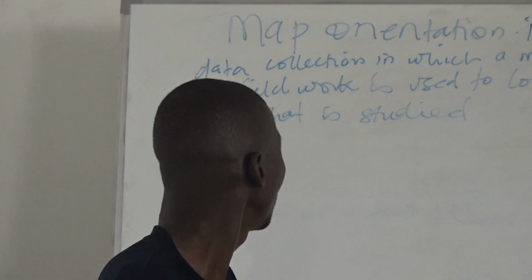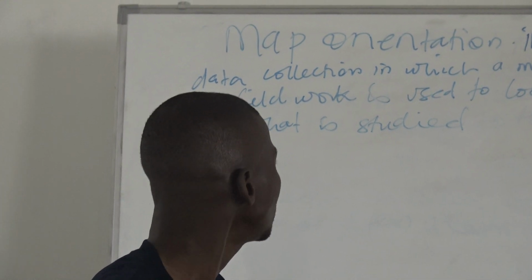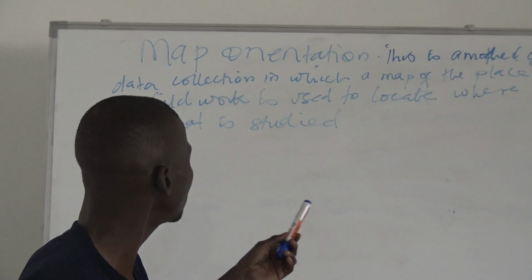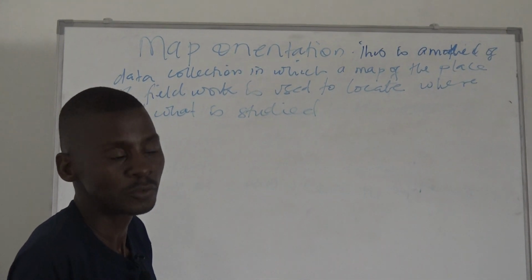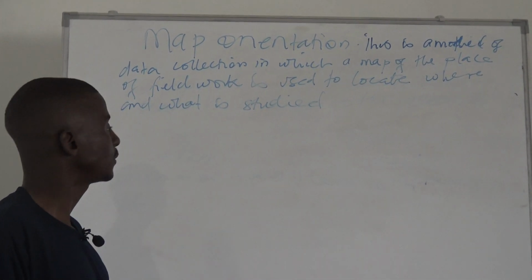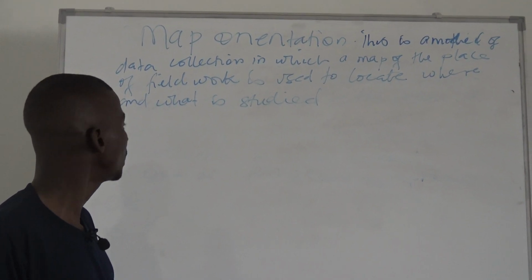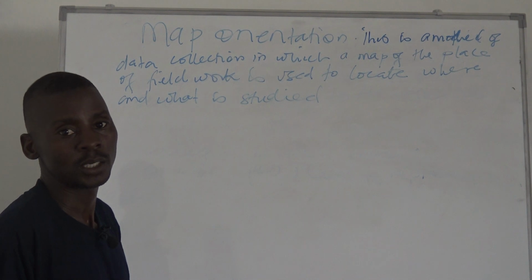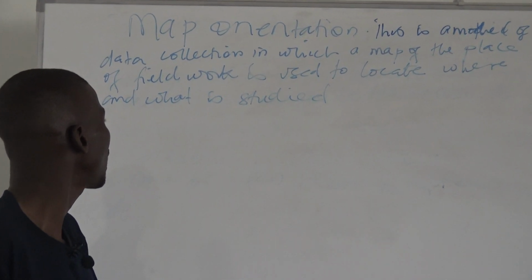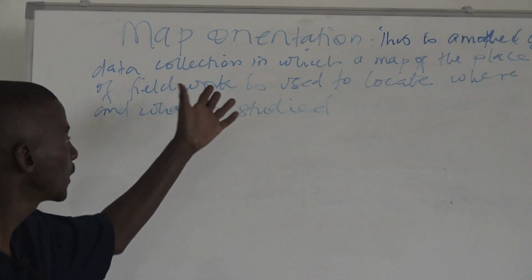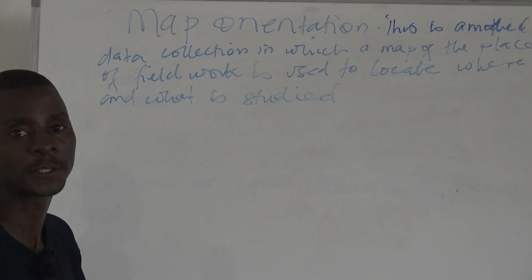You can use the information as I've been giving it to you to define, give methods, give advantages and disadvantages of each of these methods. If there is any other method that I have not talked about, maybe I will give it to you in another lesson. But so far, those are the things we are doing.